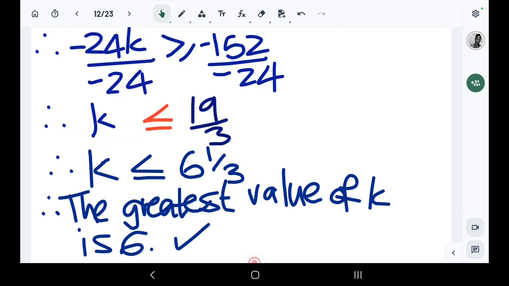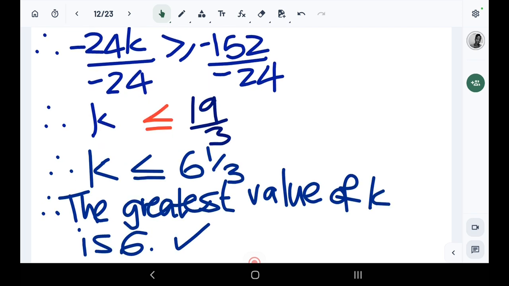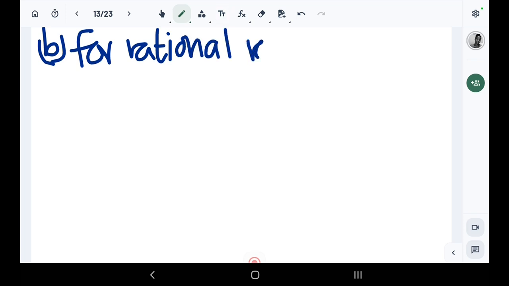For this to have rational roots, that means our discriminant, which is 144 plus 8 in bracket 1 minus 3k, must be a perfect square. For rational roots, the discriminant must be a perfect square.